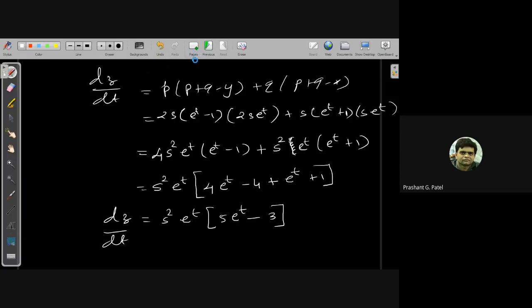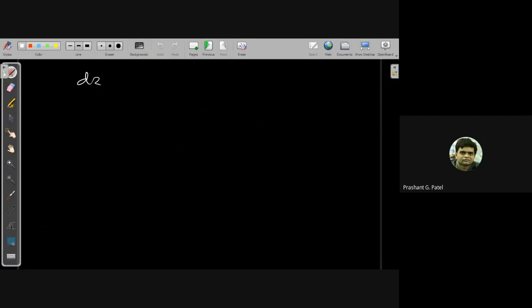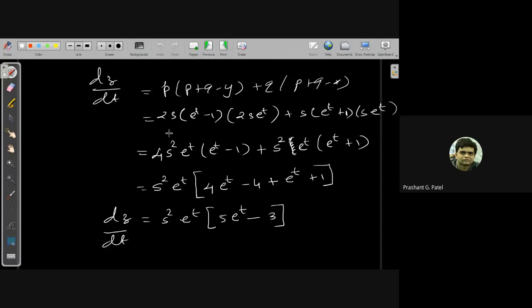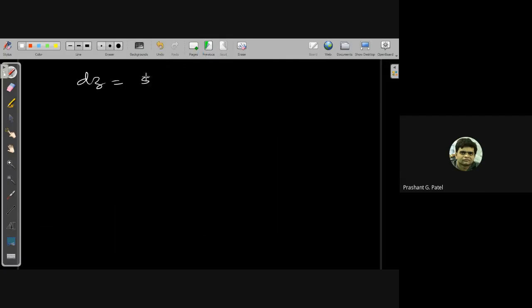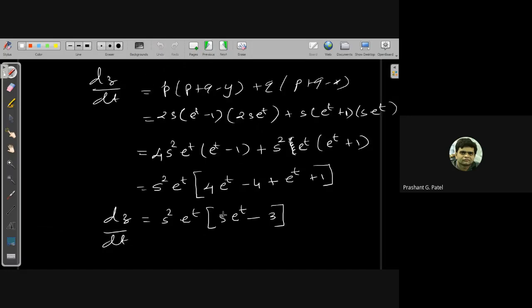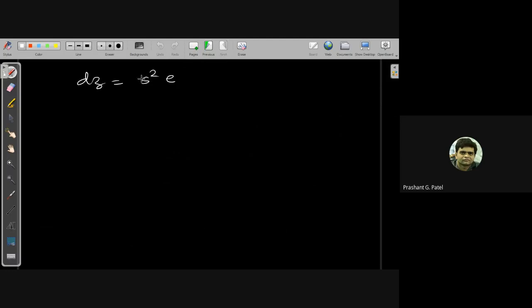So that will lead to dz equal to s square (5 e power 2t minus 3 e power t) dt. So that is z.